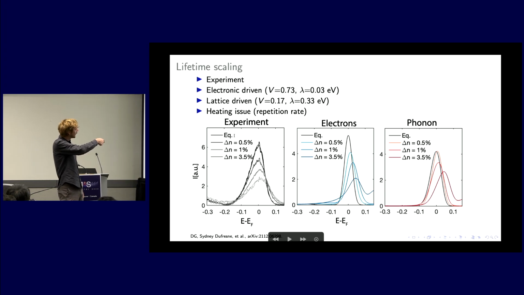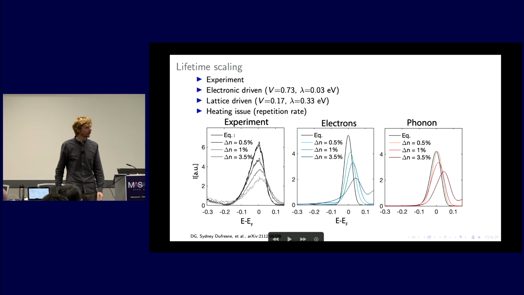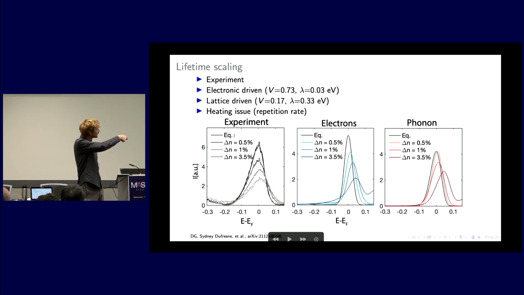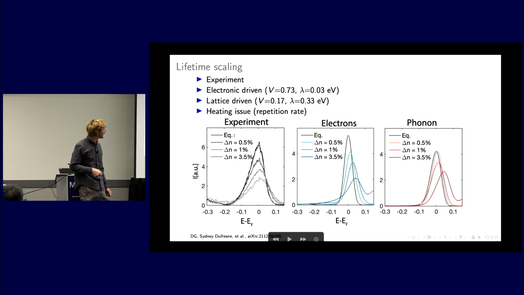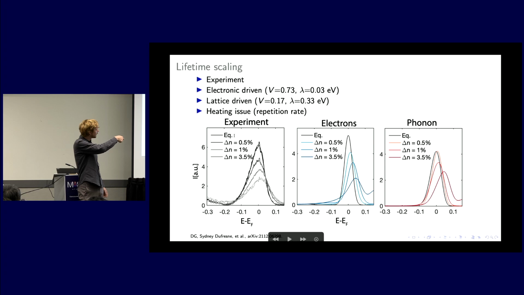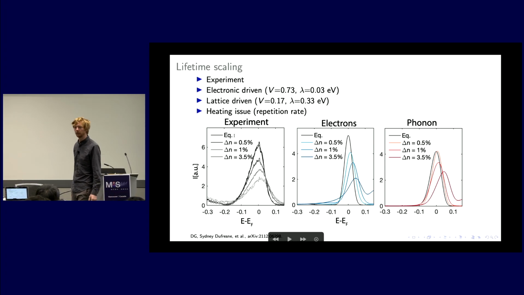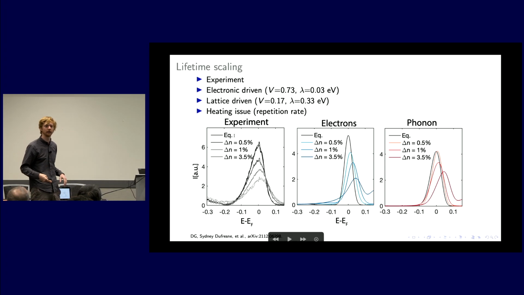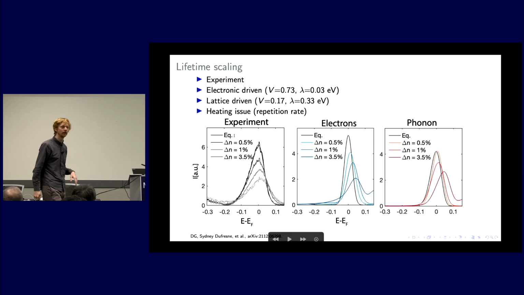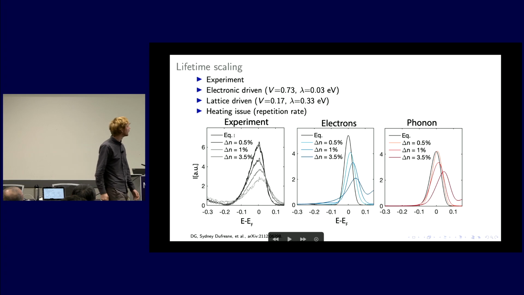On the left-hand side are the electrons: if the electrons are the dominant scatterers in the system, you see a very strong reduction in the weight and broadening, which is consistent with the experiment. On the right-hand side, I have scattering with the lattice, and you see that for the weakest excitation, there is almost no change in the lifetime. So there's a qualitative difference between electronic and lattice scattering, and it scales with the photoexcitation.